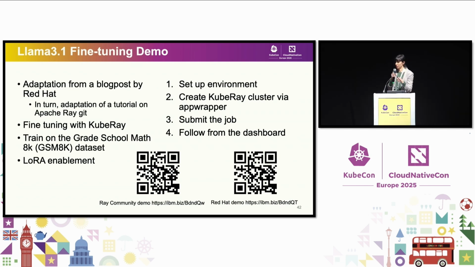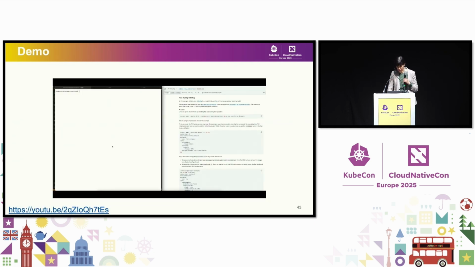The demo will set up the environment, then run the fine-tuning job through the Ray API and within an app wrapper. We're going to submit the job and follow how it goes on the Ray dashboard.